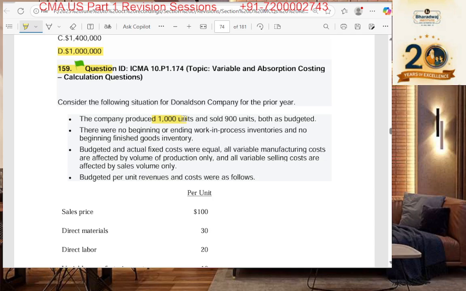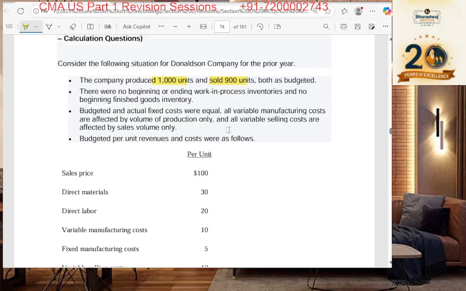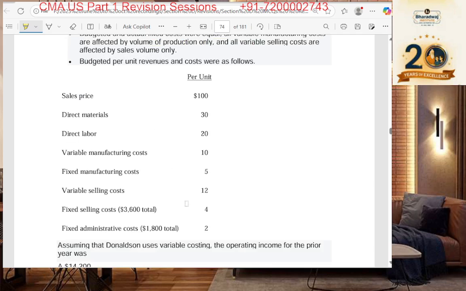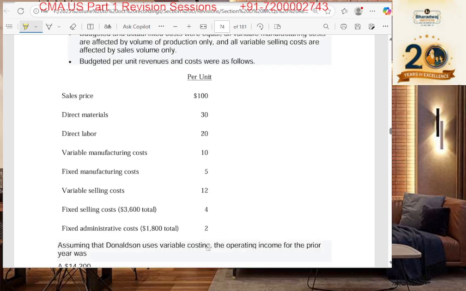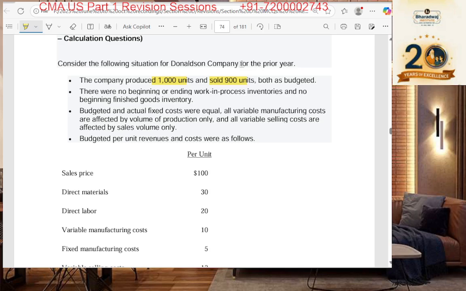The company produced 1,000 units and sold 900 units. This is the information of the last year, the prior year, completed year.